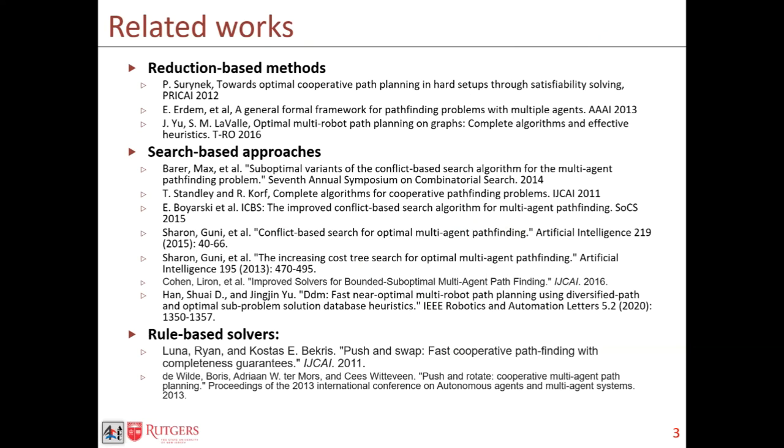The coupled approaches, like operator decomposition, CBS, and ECBS, first find a path for each robot and then resolve possible conflicts and return a globally feasible solution. There are also rule-based solvers like push and swap, and push and rotate.